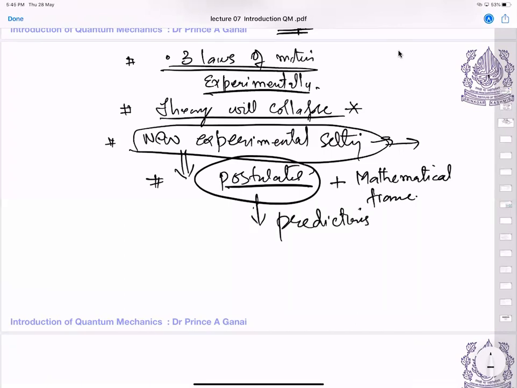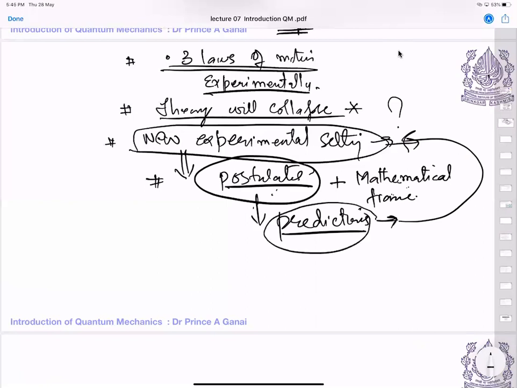Not only can you make predictions, but you can also deduce and address all the experimental results that were baffling you. So that is the idea of proposing postulates, and then you have a mathematical framework on top of that. The beauty of the theory is that you can make some predictions, you can challenge your experimental colleagues, and you can also address the new experimental findings you already have.